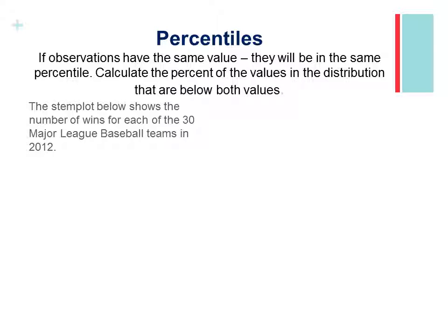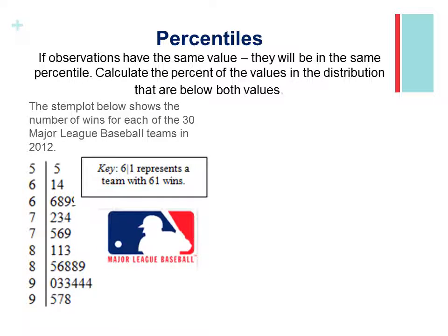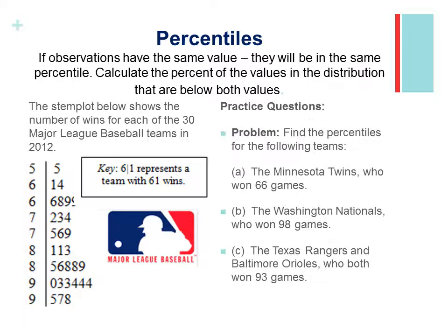Okay, so this stem plot below shows the number of wins for each of the 30 Major League Baseball teams in 2012. Once again, notice that we have a key here. Do not forget when you're making your stem plots to include a key. Okay, what I want you to do, just to get some practice with percentiles, find the percentiles for the following teams.